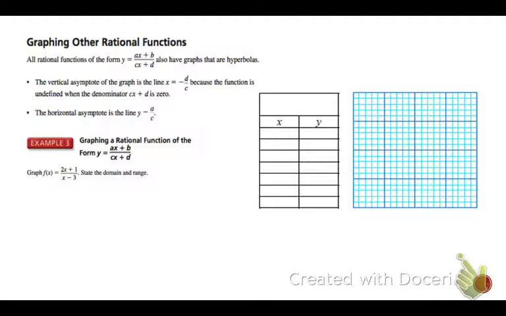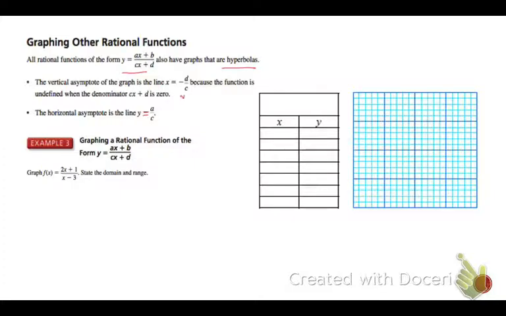You can also just look at your denominator and say, what value will make my denominator 0? That's where my vertical asymptote is. The horizontal asymptote is the line y equals a over c. So a is the coefficient of the x in the numerator, and c is the coefficient of the x in the denominator.